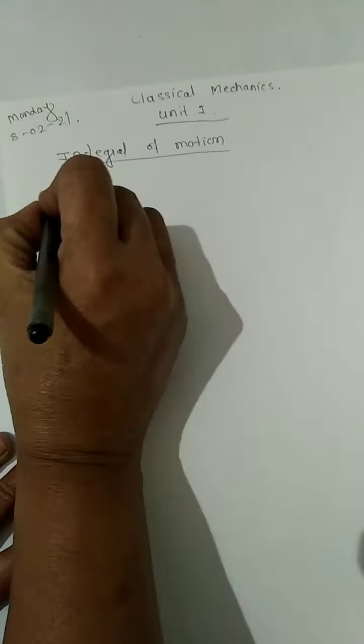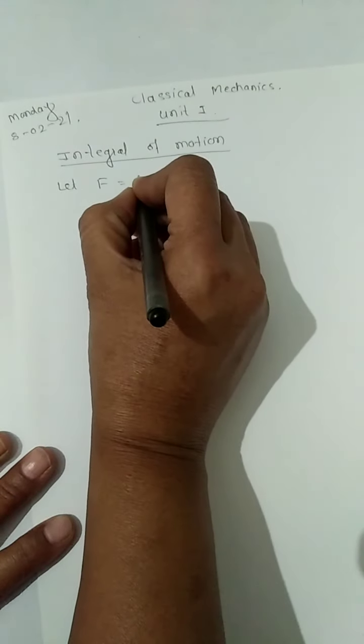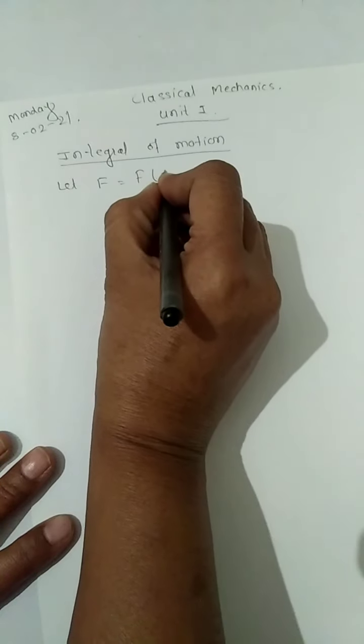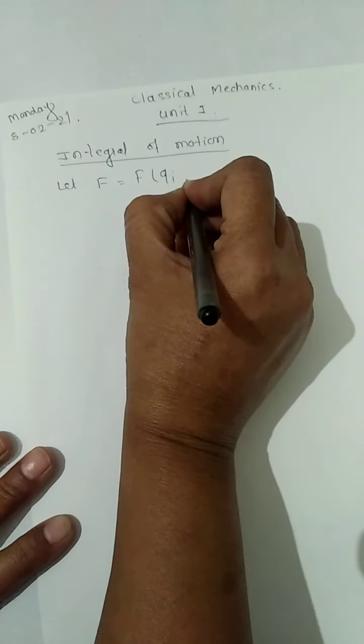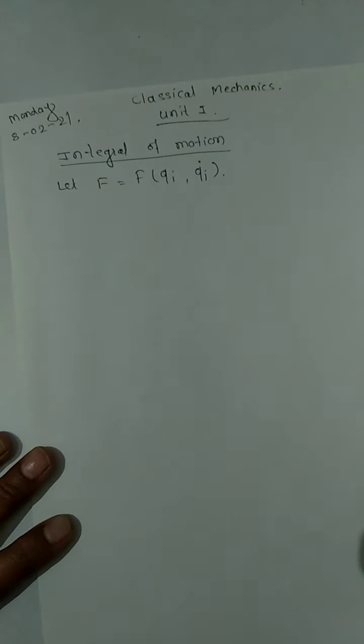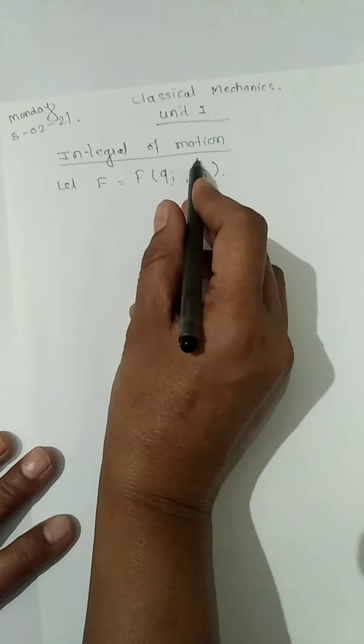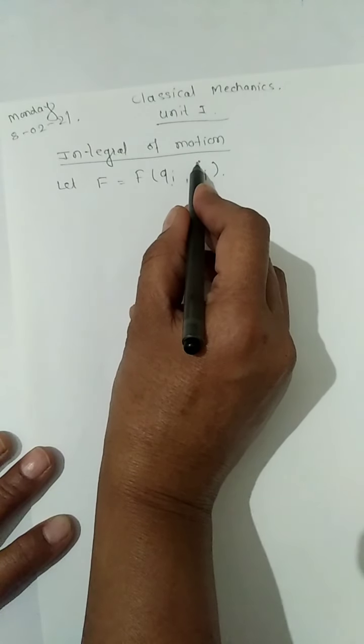Let F be equal to F of qi, qi dot, a function of generalized coordinate qi and generalized velocity qi dot. Here qi is the generalized coordinate and qi dot is the generalized velocity.